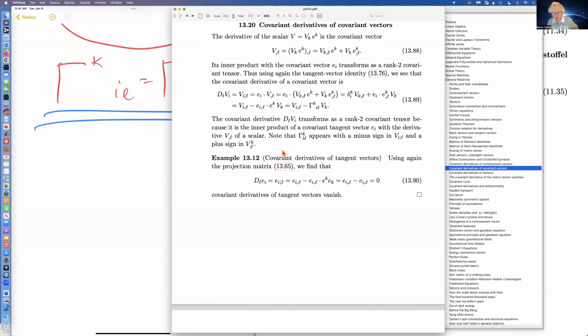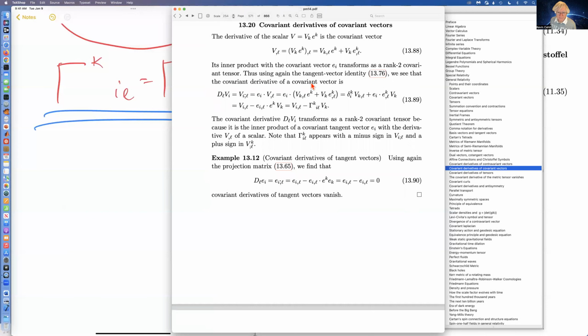And then once again, I mentioned that when you're making the covariant derivative of a covariant vector, you have a minus sign in front of the Christoffel symbol. If you're taking the covariant derivative of a contravariant vector, no minus sign in front of the Christoffel symbol.